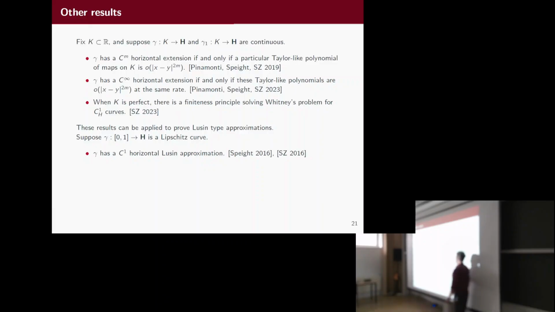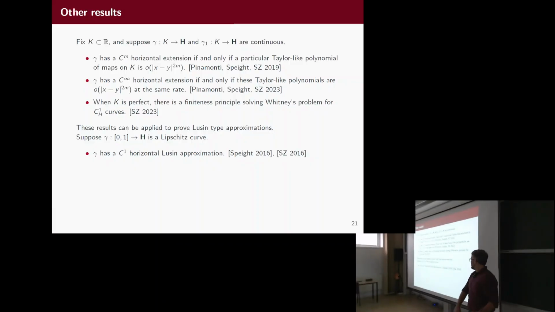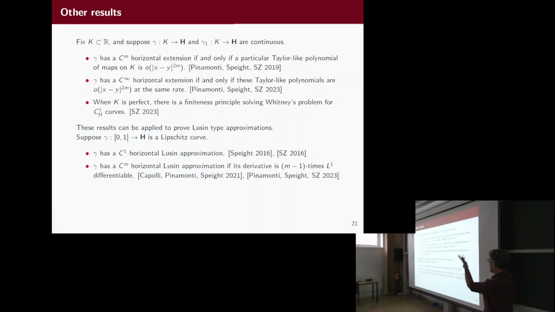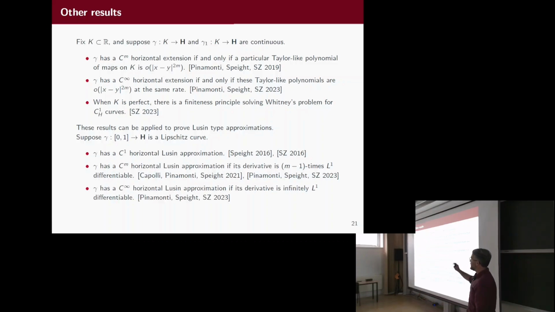If you've ever met Gareth, you'll know that he is possibly one of the nicest people in the world, and could never be mad at anybody. So it's just funny that that happened. And now we work all the time together on stuff. So happy ending. You have higher order Lusin approximations as well, like Cm and C infinity. Also, you need something about L1 differentiability of functions.